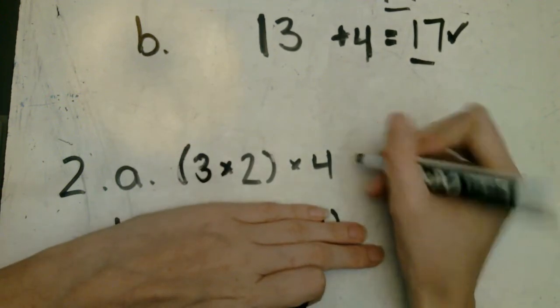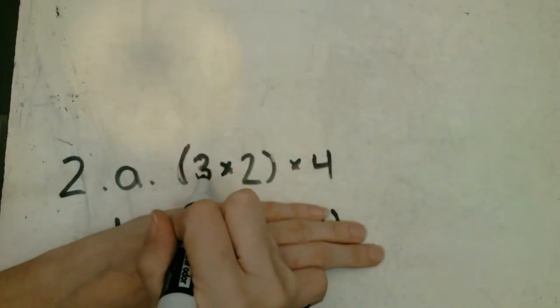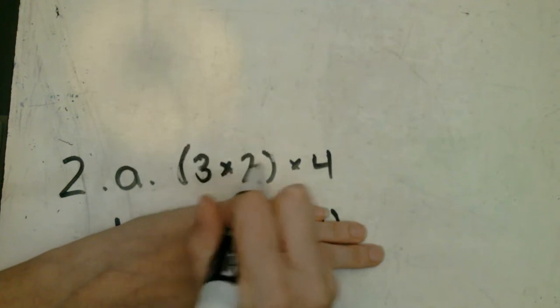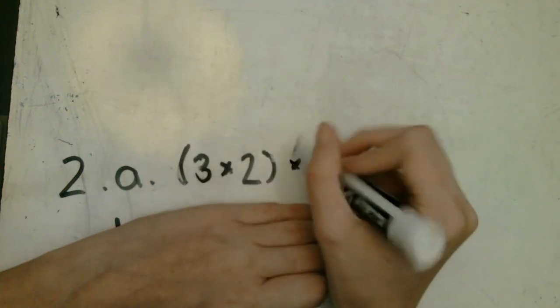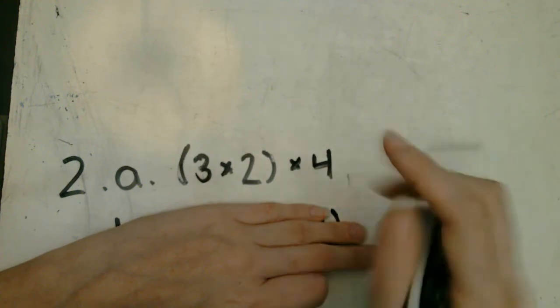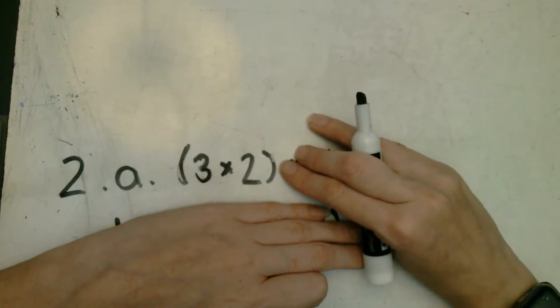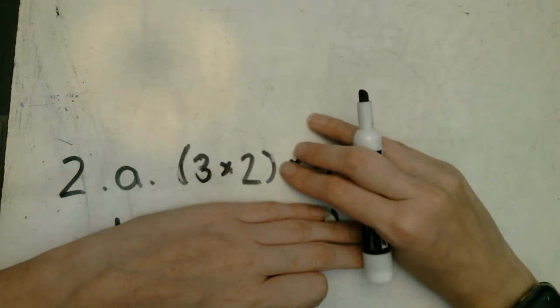Let's start with our top problem. I'll erase these up here. Our top problem says 3 times 2, that's in parentheses, times 4. We have to start with what's inside our parentheses. Everybody, on your fingers, hold it up. What's 3 times 2?